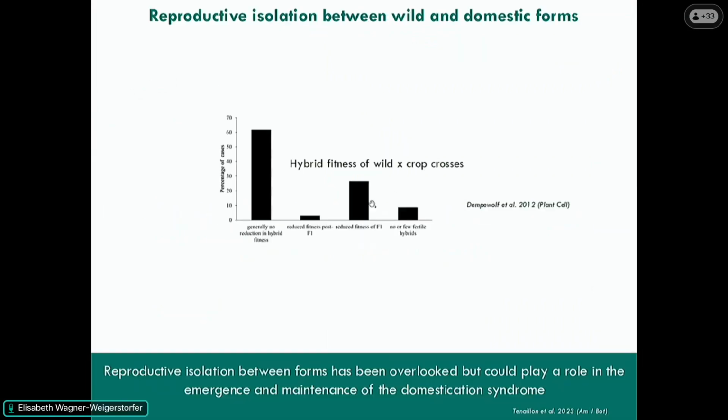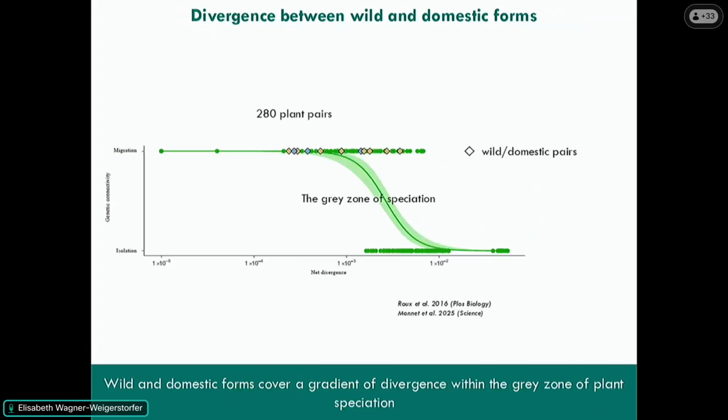Maybe the best evidence comes from a meta-analysis by Dumble, Wolf and collaborators, where they collected all the work that performed wild-crop crosses, and they found that in 30% of the cases there is a reduction of fitness in F1 hybrids. I think this reproductive isolation between wild and domestic forms has been largely overlooked, but could for sure play an important role in the emergence and maintenance of the domestication syndrome.